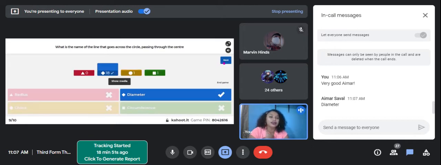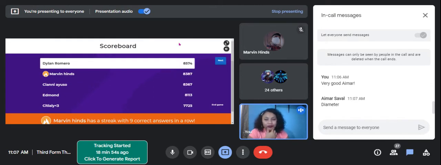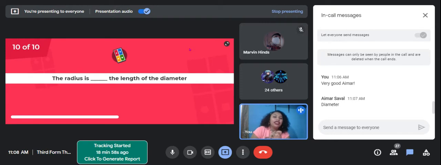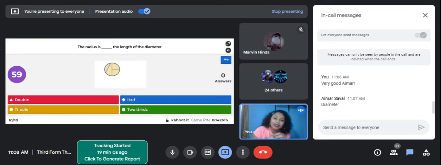Okay, very good, guys. Most of you got the diameter. And then the last one, the radius is blank the length of the diameter.